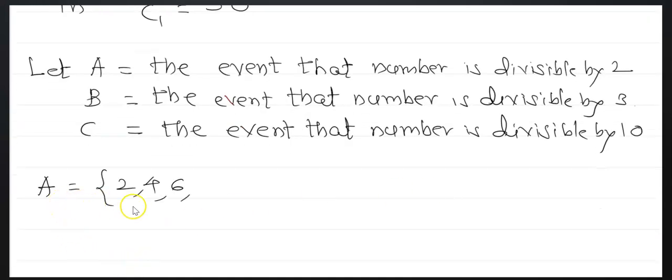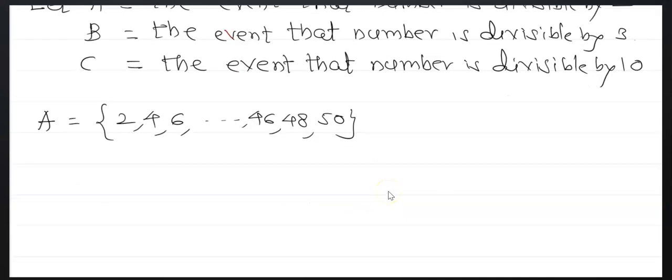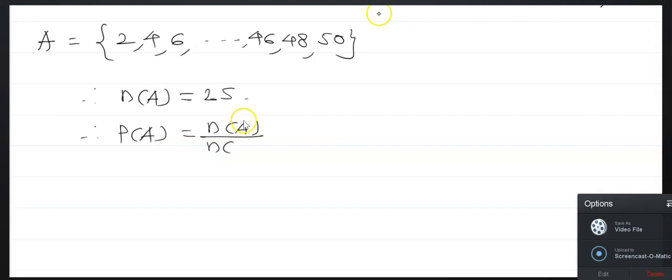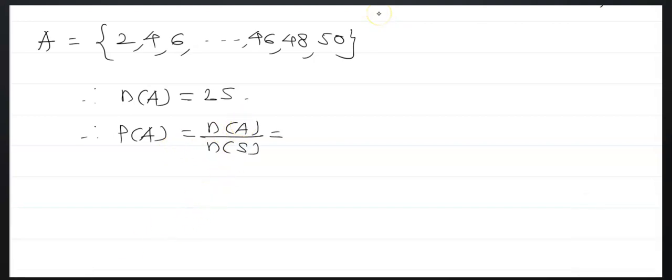A is the set of numbers which are divisible by 2. n(A) is equal to 25, it's clear. Therefore, P(A) is equal to n(A) upon n(S), that is 25 upon 50.